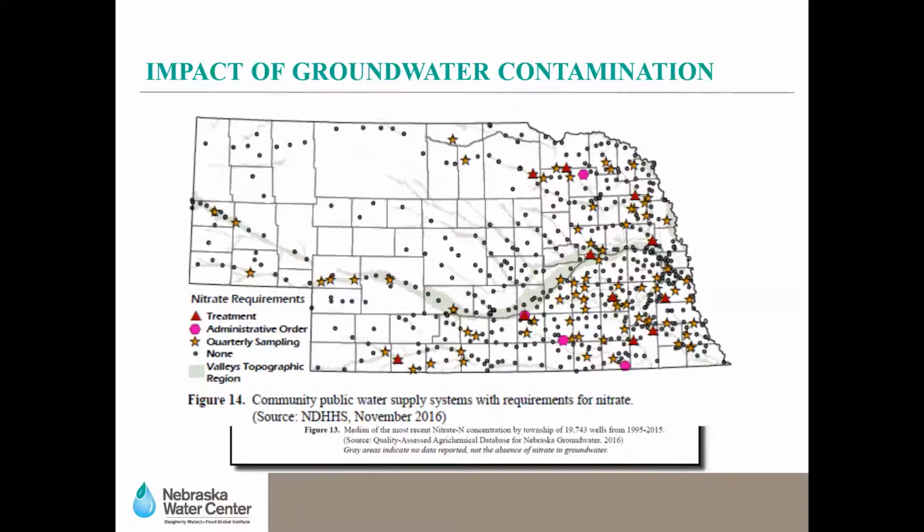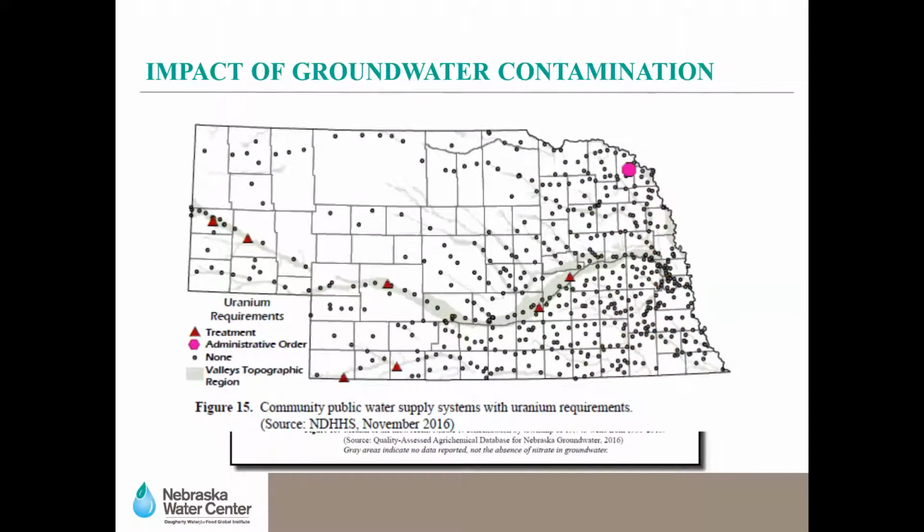What that means is they're getting close to the maximum contaminant level of 10 parts per million nitrate in their well water. And it isn't just nitrate that they're dealing with.